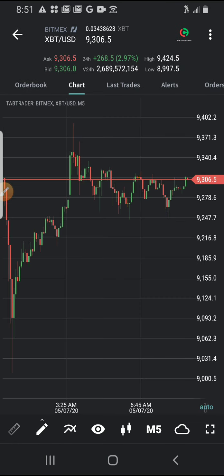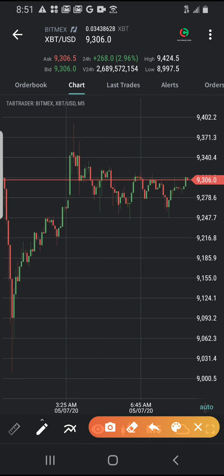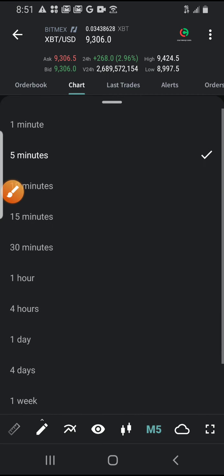So I have here my Bitcoin USD, and if you noticed in this area, I actually used M5, which simply means you can change to any minute, any time frame you want.